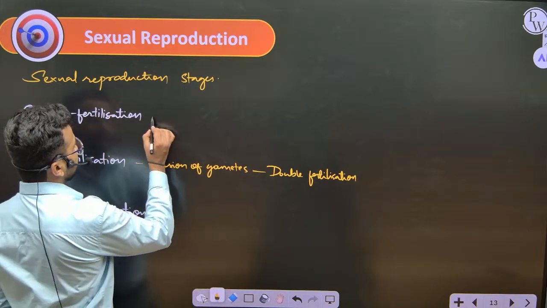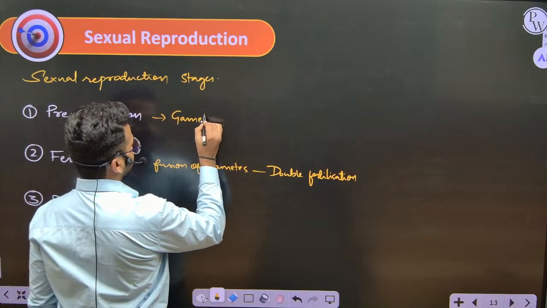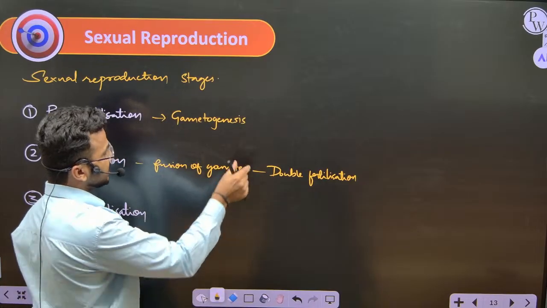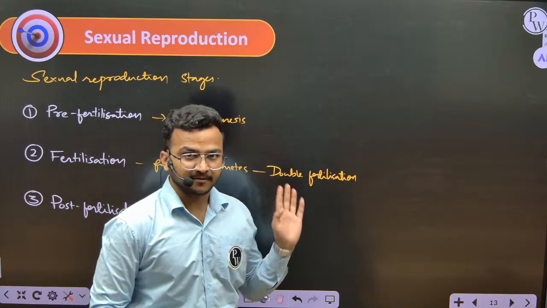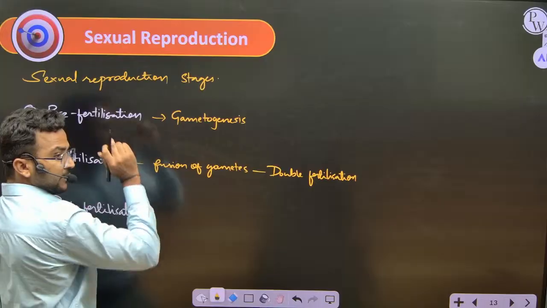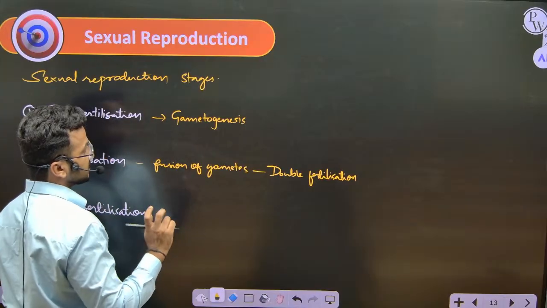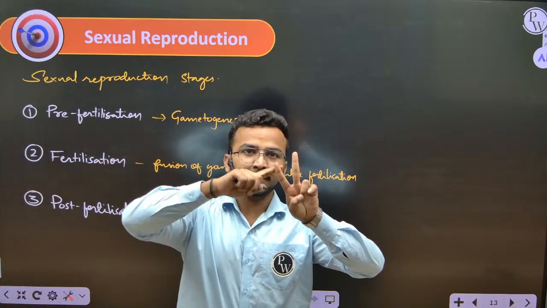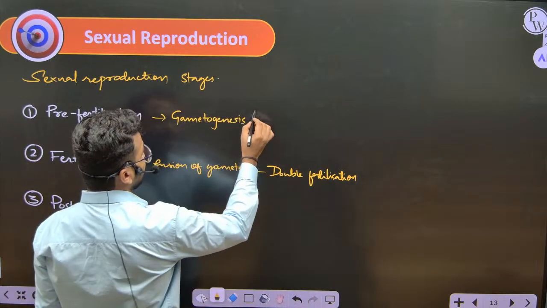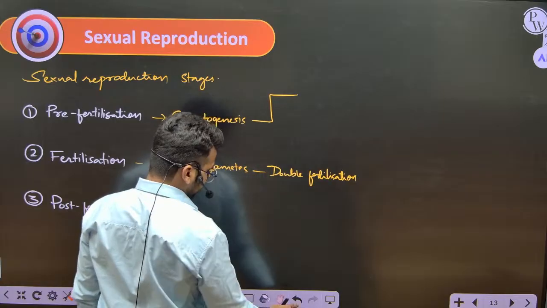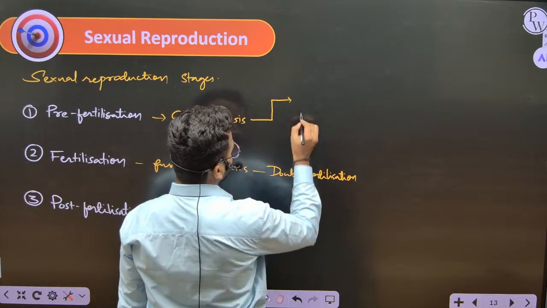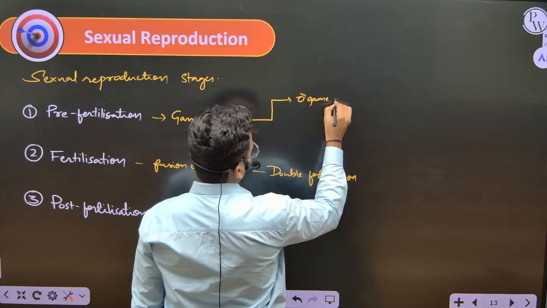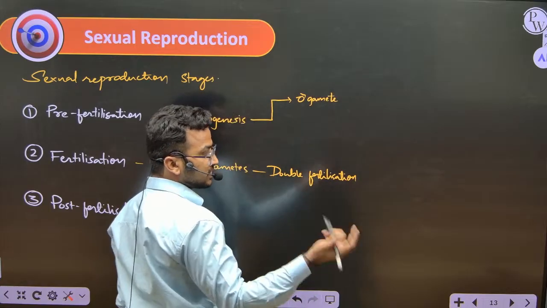So pre-fertilization is nothing but gametogenesis. The word genesis is there, no? Genesis is nothing but formation. So here the formation of gametes we will be seeing in pre-fertilization structures and events. As you know, there are two gametes, male gamete and female gamete. The formation of the male gamete we call microsporogenesis.